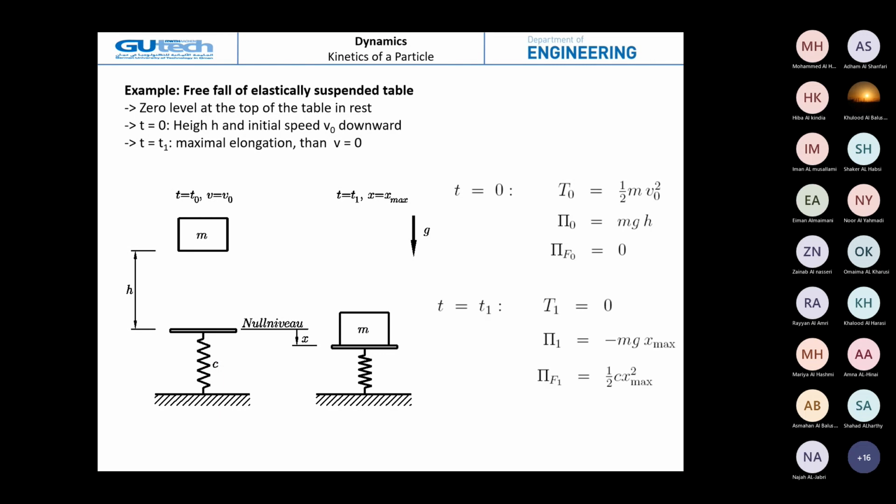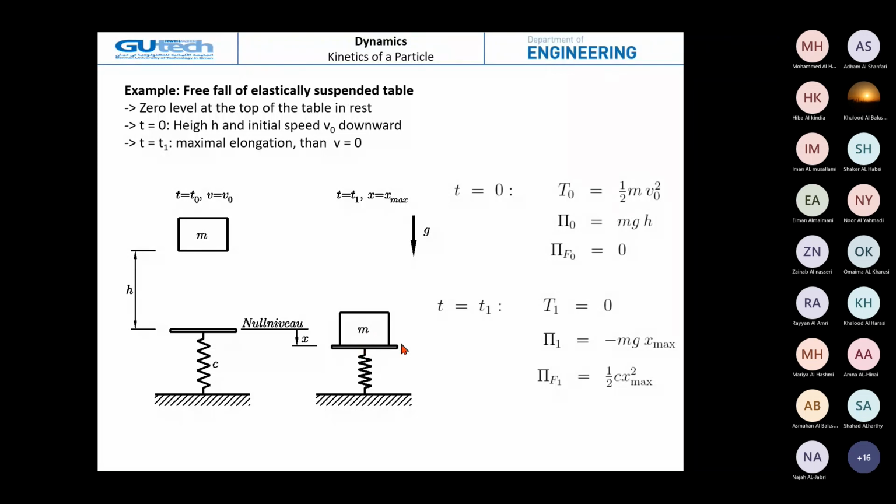Now at time t1, at this position or state, the kinetic energy is equal to zero. Why? As we said, on reaching the maximum elongation, this mass will be at rest.